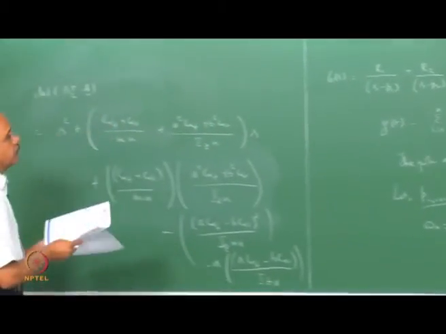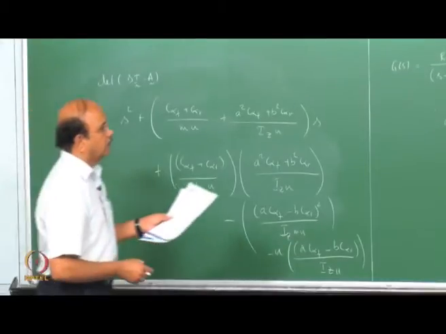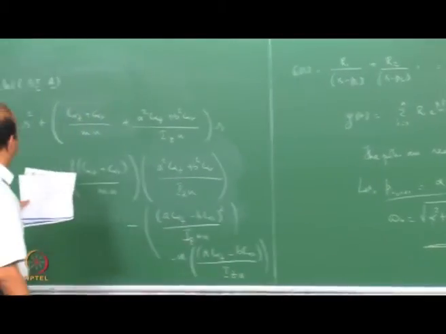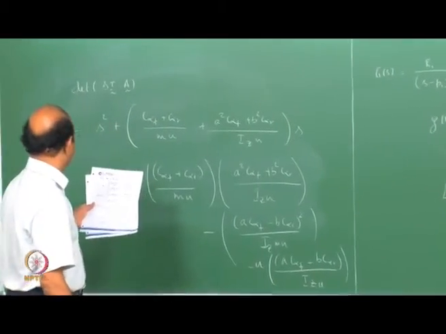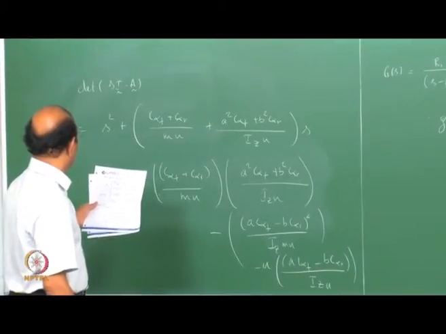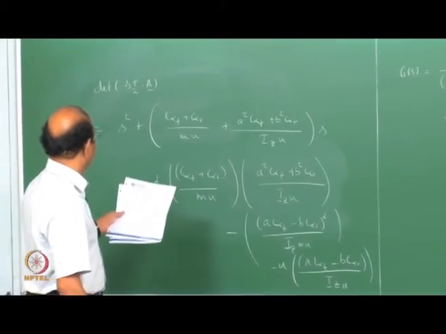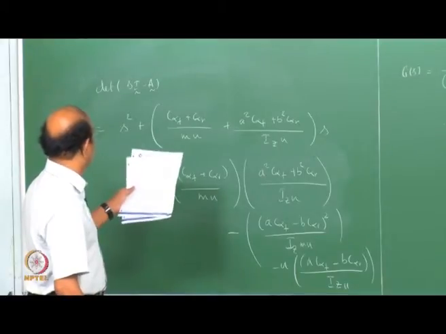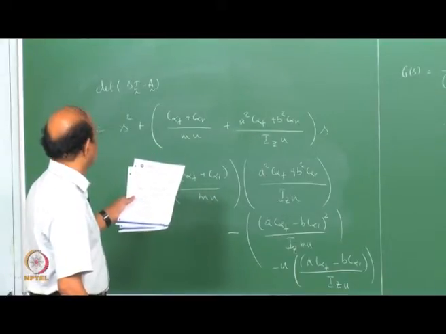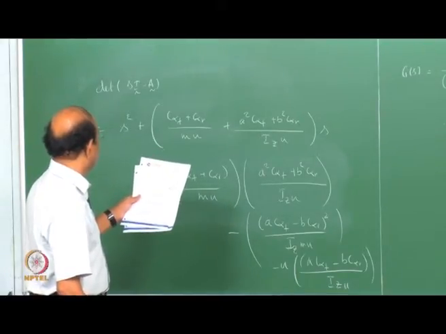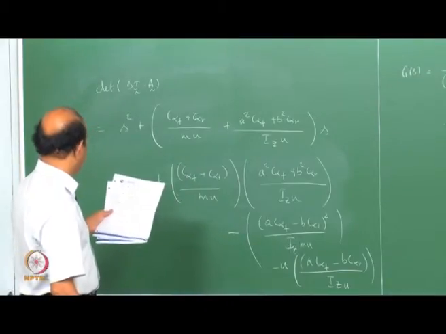This will become s squared plus (C alpha f plus C alpha r) s, correct? Then s C alpha f C alpha r by mu, right? Plus a squared C alpha f plus Iz u, yes, right?